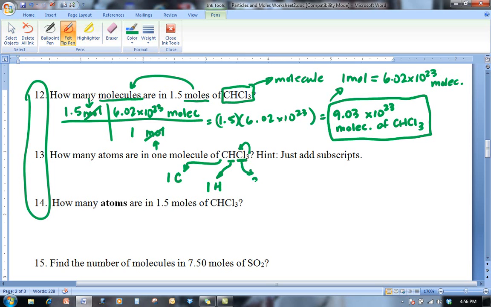So that means that I have 3 chlorines. And I know that I've got only 1 carbon and 1 hydrogen because those atoms don't have any subscript next to them. So automatically we assume that there's only 1 atom. So I have 1 carbon plus 1 hydrogen, that's 2 atoms, plus 3 chlorine. That means that I have 5 atoms in 1 molecule.